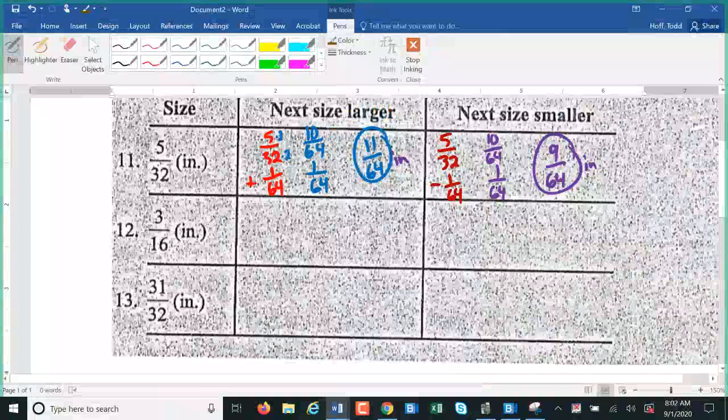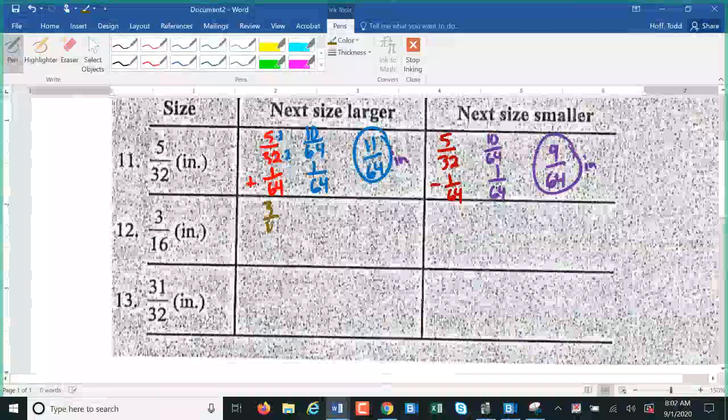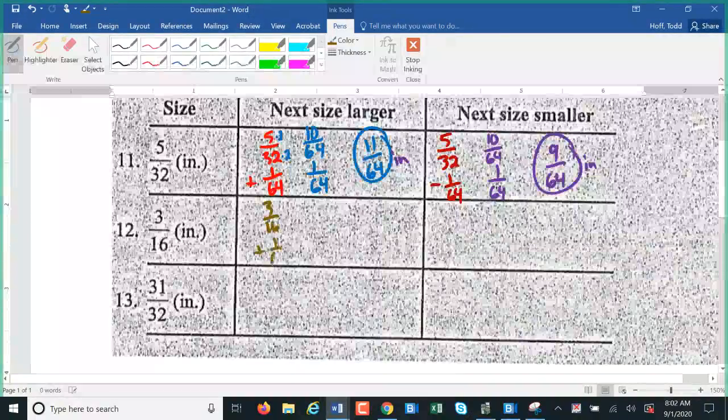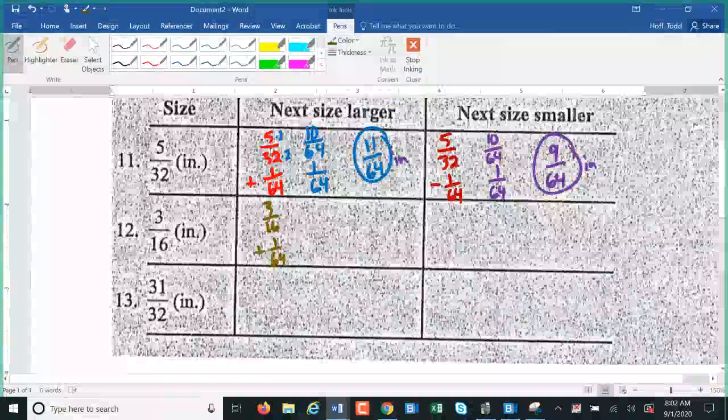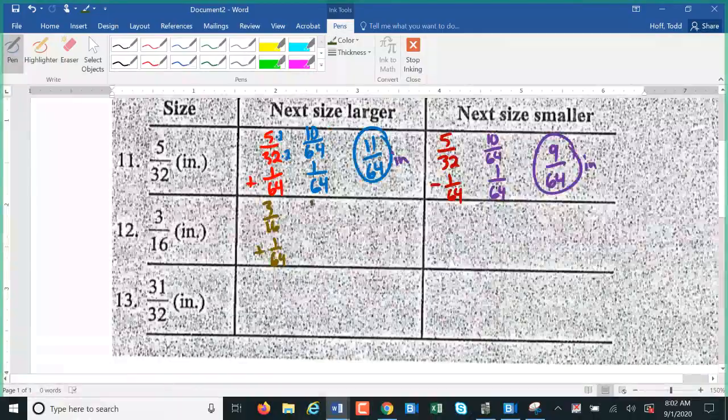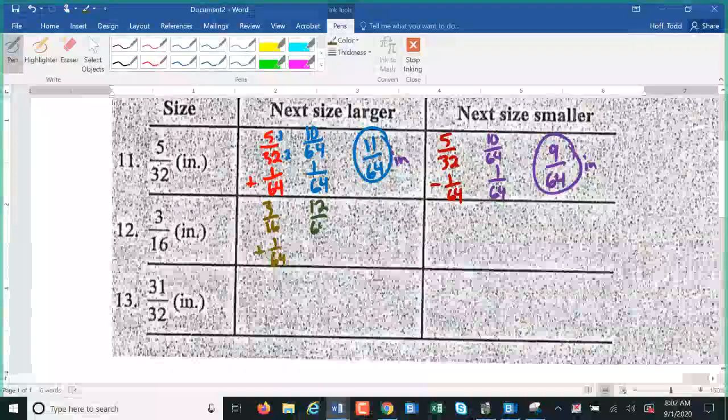So here, 3/16, let's do the same thing there. 3/16 plus a 64th. We have to change that 16ths into 64ths. That's going to be times 4, so 12/64.